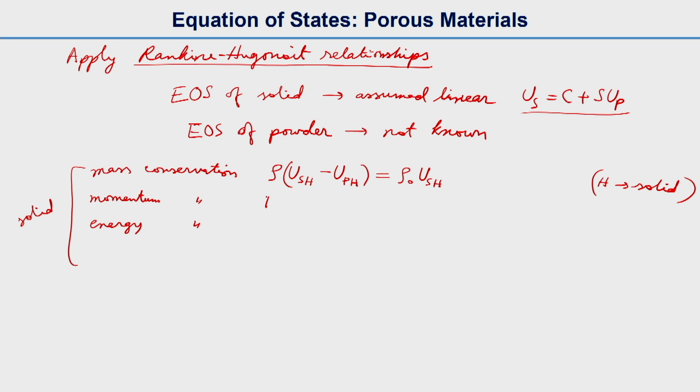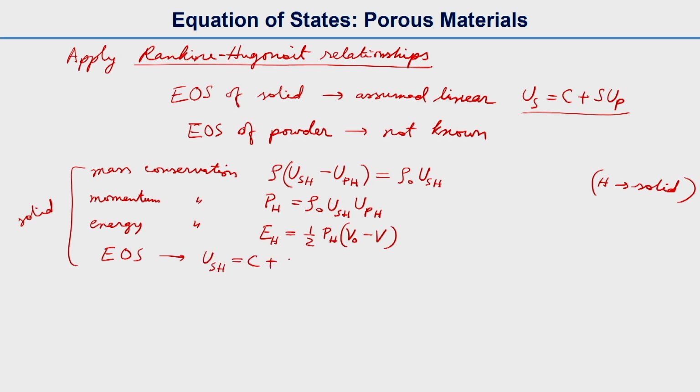Momentum conservation is PH equal to rho naught USH UPH. Then energy conservation is specific internal energy equal to half of PH (V naught minus V). And US of the solid is USH equal to C plus S UPH.